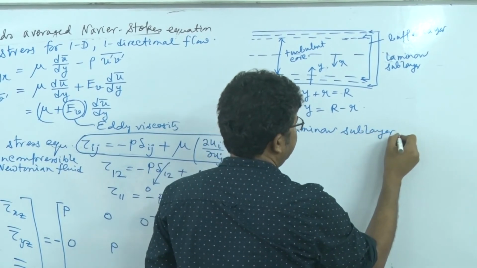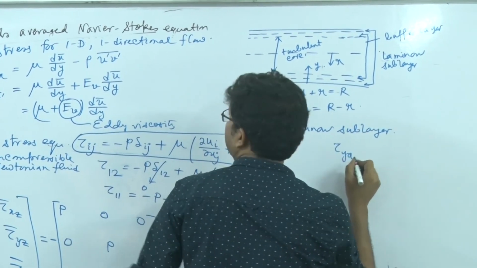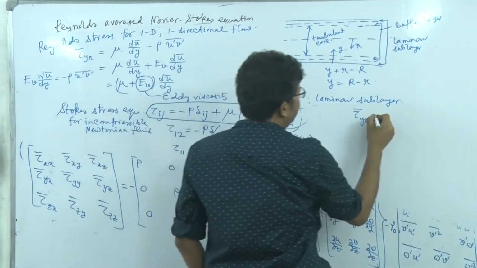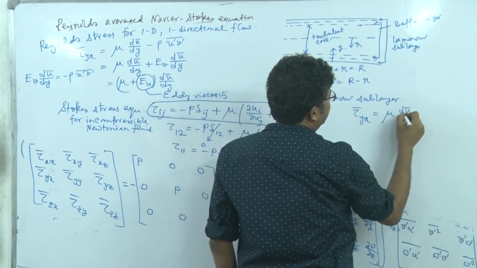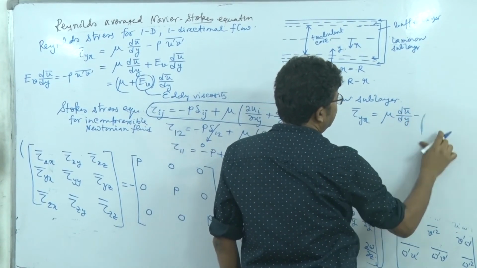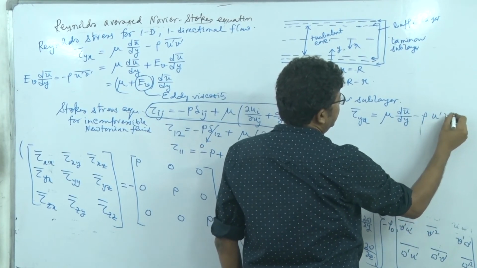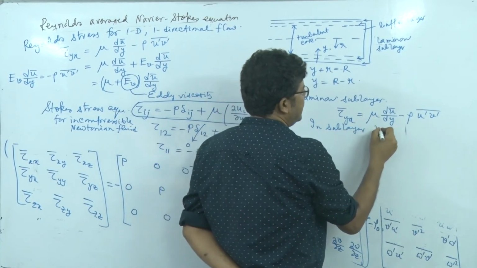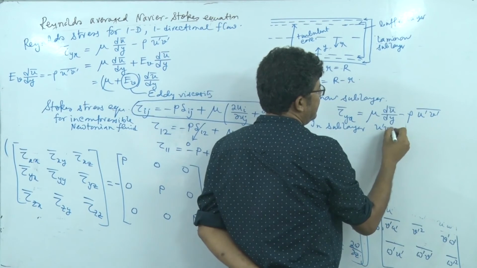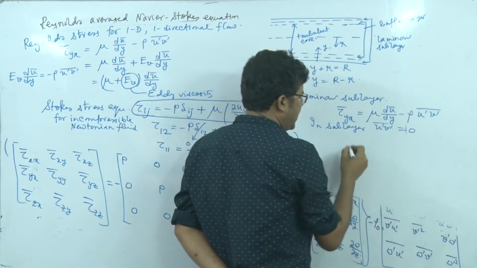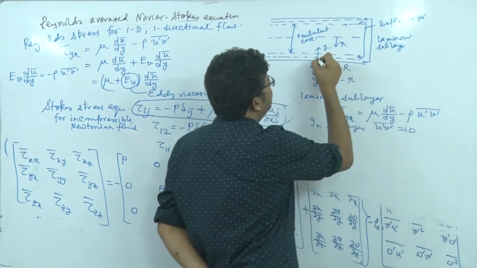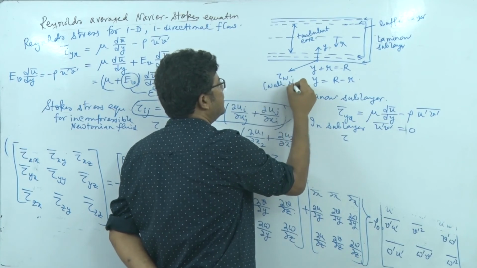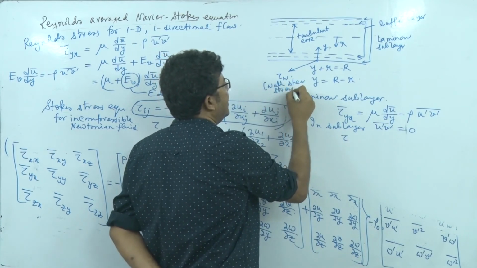Laminar sublayer. What do we have? Tau yx average is equal to mu into d u bar dy minus rho into u prime v prime average. In the sublayer, u prime v prime average is 0 because there is no u prime v prime, and at this surface, if I consider this is tau w, that is wall shear stress, right, at wall.